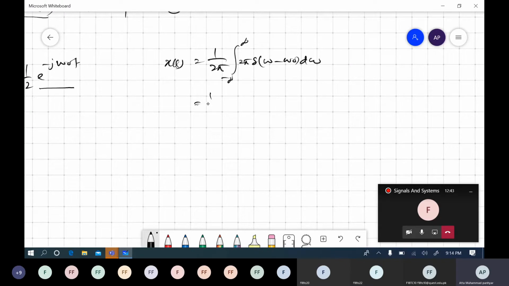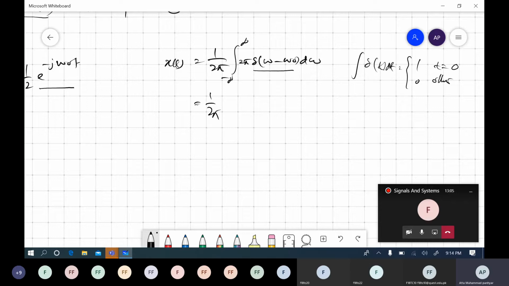if you solve it, we know that this delta exists only at the 0 index, right? We say that the area of delta of t is 1 when t is equal to 0, and 0 otherwise, right?